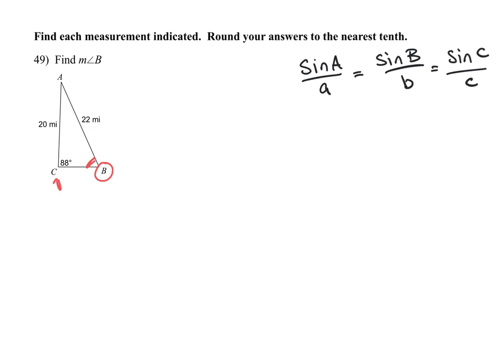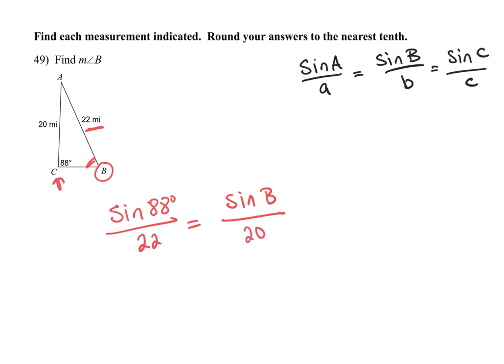We have angle C. So we're going to say the sine of angle C, which is 88 degrees, over the side opposite of C, which is 22, should equal the sine of angle B, which we do not know, over the side opposite of angle B, which is 20. And then we're just going to solve, right? Solve by multiplying by that bottom piece there.